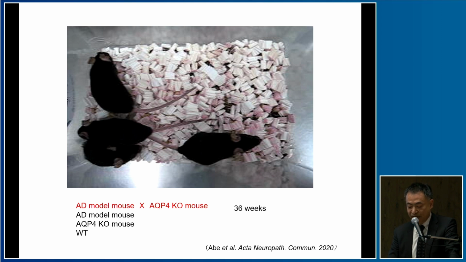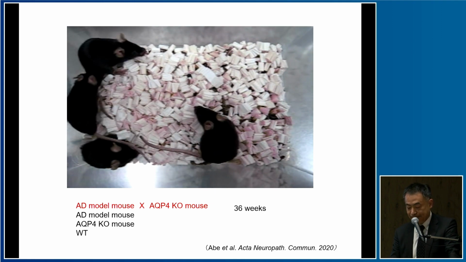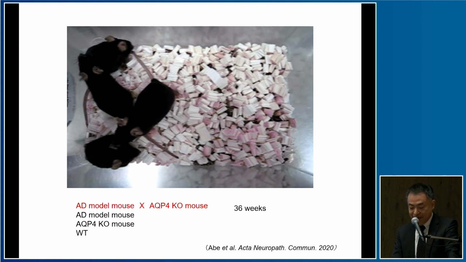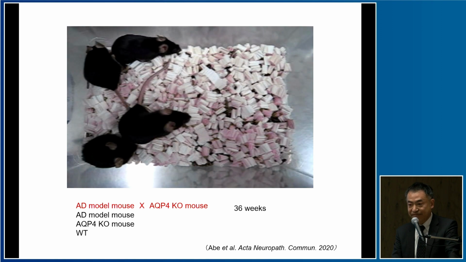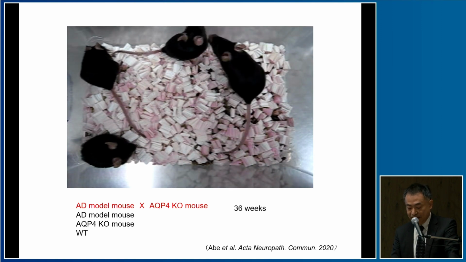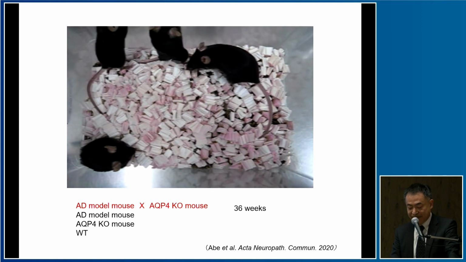Here, there are 4 mice in one cage: wild type, aquaporin null, Alzheimer transgenic, and combined. And you can see one mouse is very different from the other 3. This mouse never moved.